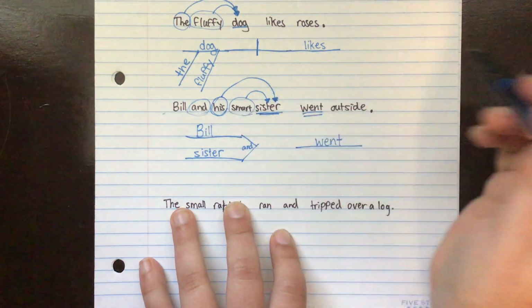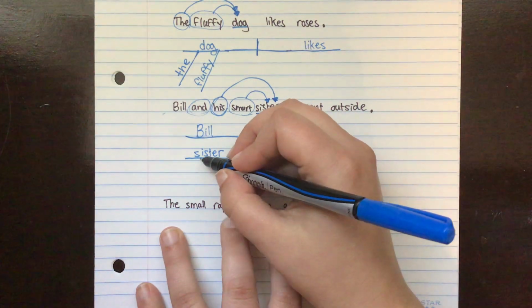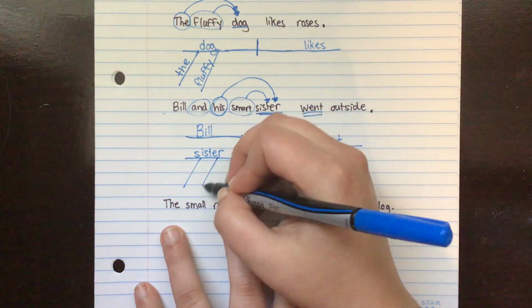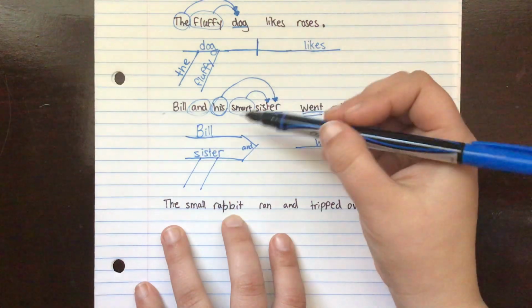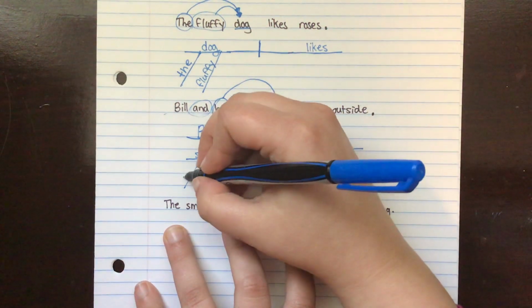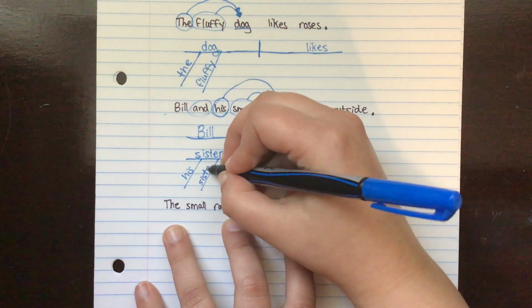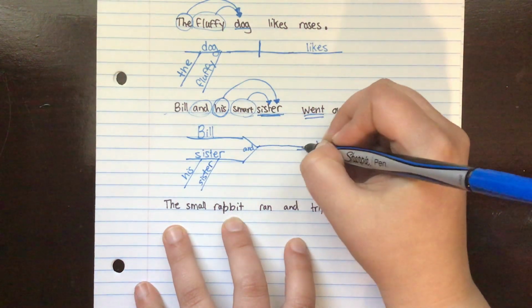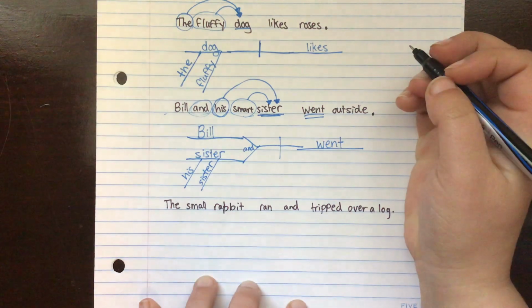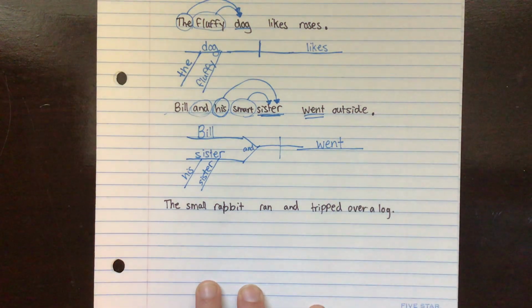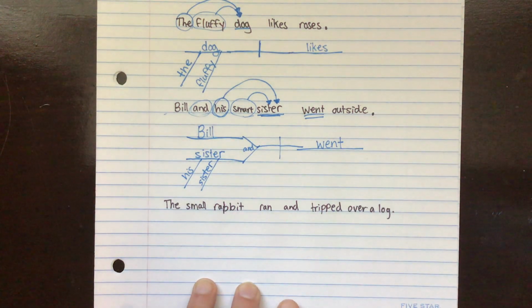So both of those are considered adjectives. So below sister, I'm going to draw two diagonal lines for that, and I put the adjectives on both of those lines. So we have his and we have smart. Just like that. We connect it up, we separate the subject and the verb. Just like that.